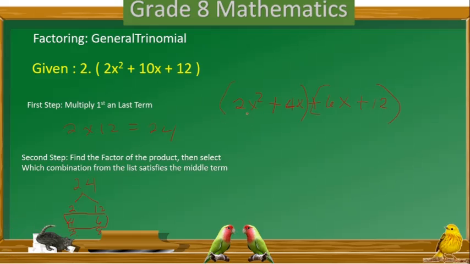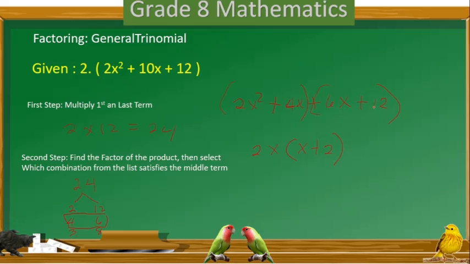What is the common factor of 2 and 4? That is 2. X squared and x, that is x. So you divide 2x squared by 2x. This one is canceled. This one is x. And this one, 2 plus 2, this one is canceled. So that is the result.